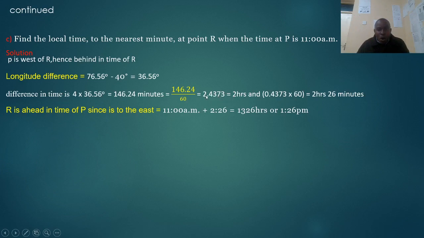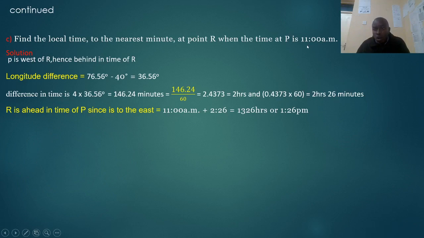So this means it's 2 hours, and you change the decimal part into minutes, so it is 2 hours and 0.4373 times 60 minutes, which is 2 hours and 26 minutes. R will be ahead of P by 2 hours and 26 minutes.